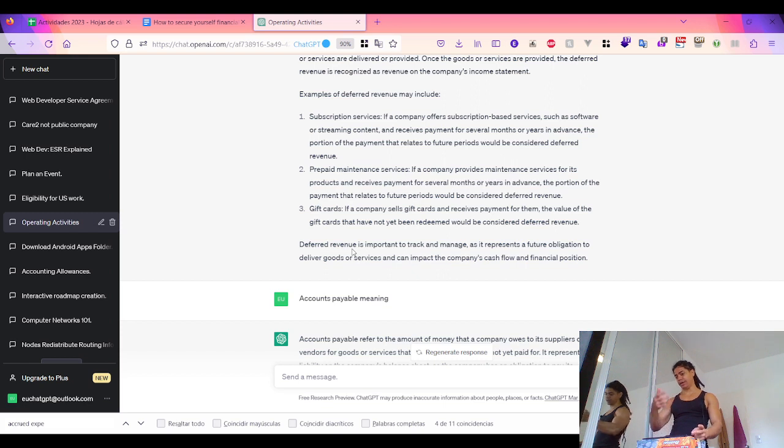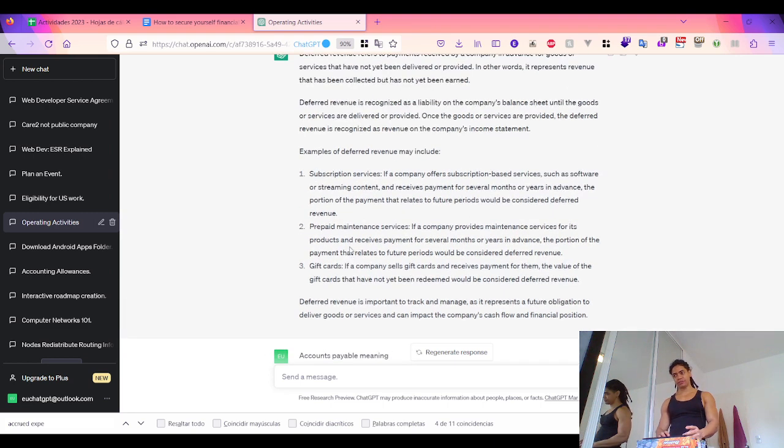Let's say you hire a maintenance provider, and that becomes an asset to you because, after all, you have to pay for that. But for this maintaining company, now they need to collect the payment and promise that they're going to deliver that service.